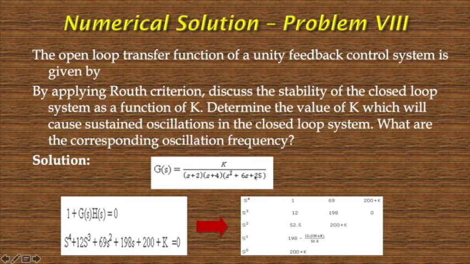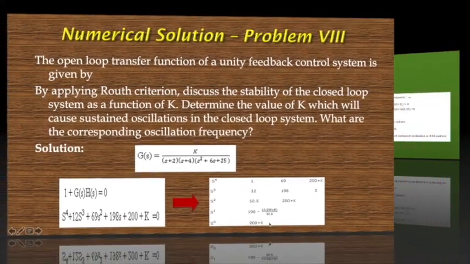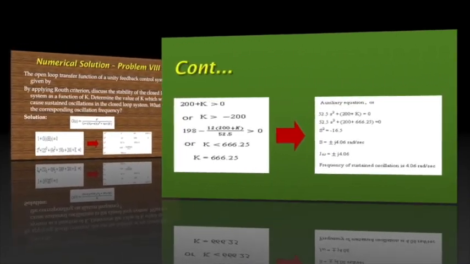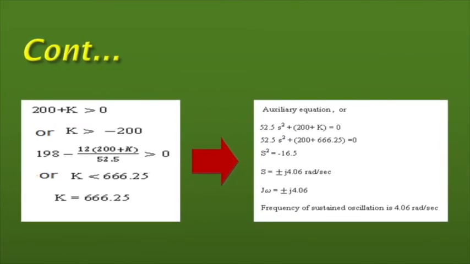So this transfer function is given. By this transfer function, define the characteristic equation. So using Routh criterion, form the third, fourth and last row. For a stable system, write down 200 plus k greater than 0, because in the first column there is no sign change.